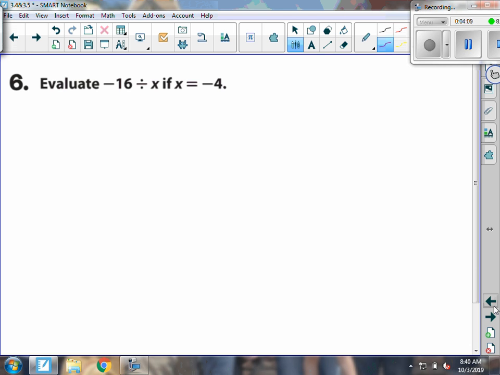So we need to rewrite this with the number plugged in for our variable. So I'm going to rewrite this, negative 16 divided by negative 4. Put the parentheses to make sure that you know that this is a negative, not a minus. So negative 16 divided by negative 4 is going to give us positive 4.